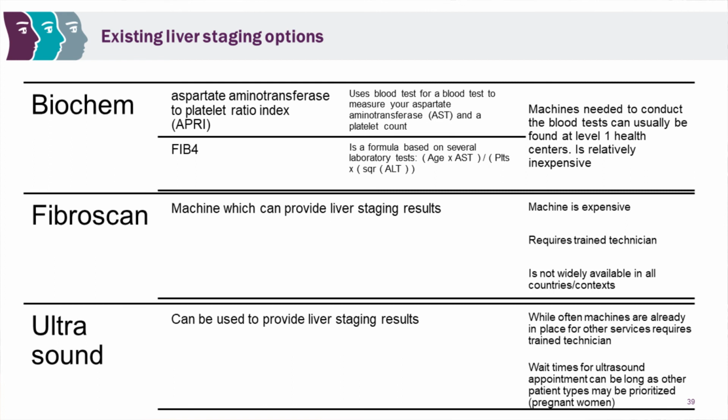So while often ultrasound machines are already in district or tertiary hospitals, it does require a trained technician. And we're seeing in some of our work that the wait time for ultrasound for liver staging can be quite long. This is because other patients, such as pregnant women, may be prioritized for ultrasound results.